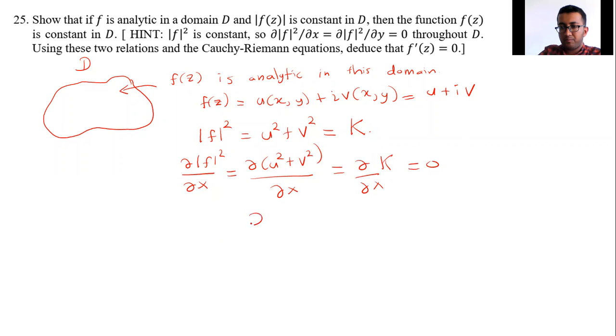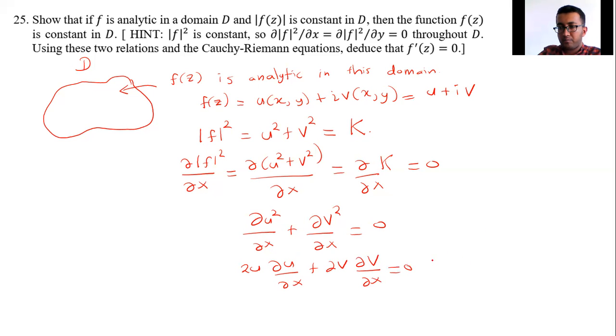So you can say that ∂u^2/∂x plus ∂v^2/∂x equals 0, and if you evaluate the partial derivatives, u is a function of x and y. Therefore you can write this as 2u ∂u/∂x plus 2v ∂v/∂x equals 0. So you will get u ∂u/∂x plus v ∂v/∂x equals 0, right?